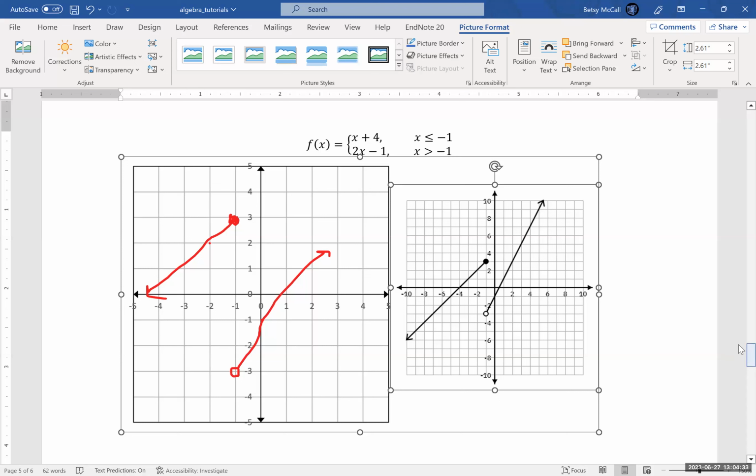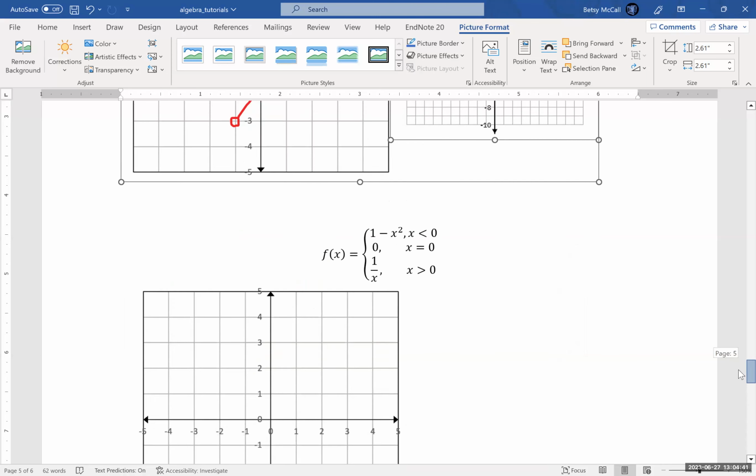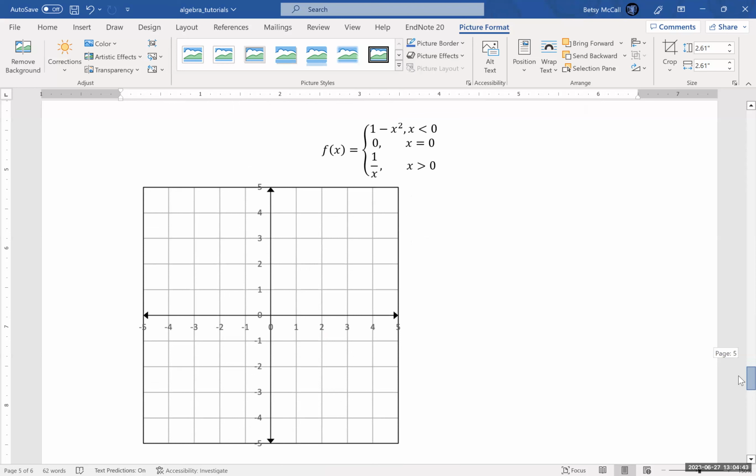Now, for straight lines, you just need that endpoint and then one additional point. But if you have a non-straight line, then you need some additional points to plot. And so let's look at this one. This one has 3 sections of the graph, but both of the pieces that are not just a single point are curves.